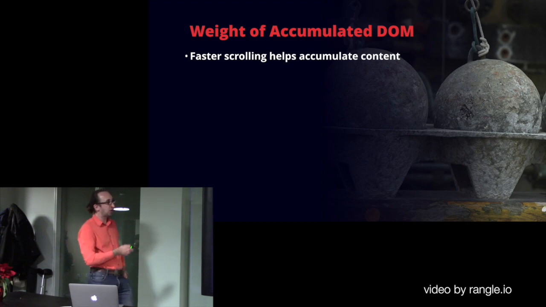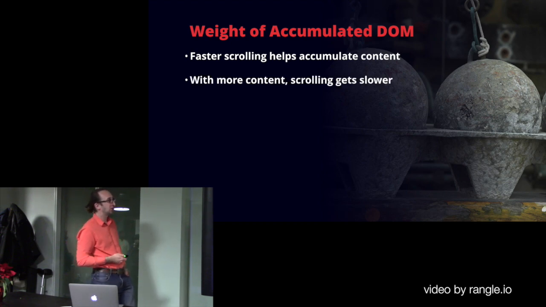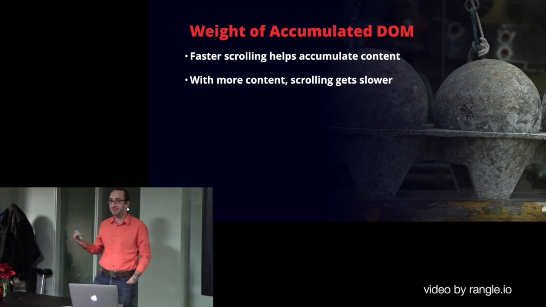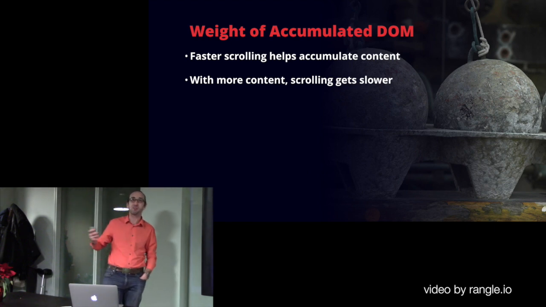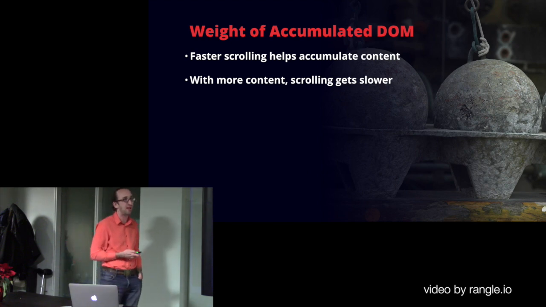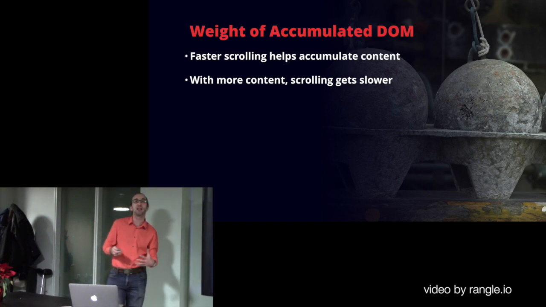Now, as you accumulate more content, scrolling gets slower. It's a very different kind of slow. This is not the slow that you get when you hit the bottom. This is you start getting non-responsiveness, and it became fairly clear that a lot of it had to do with, if I may speak loosely, the weight of your DOM, which seemed to be mostly attributable to actual redrawing, right?